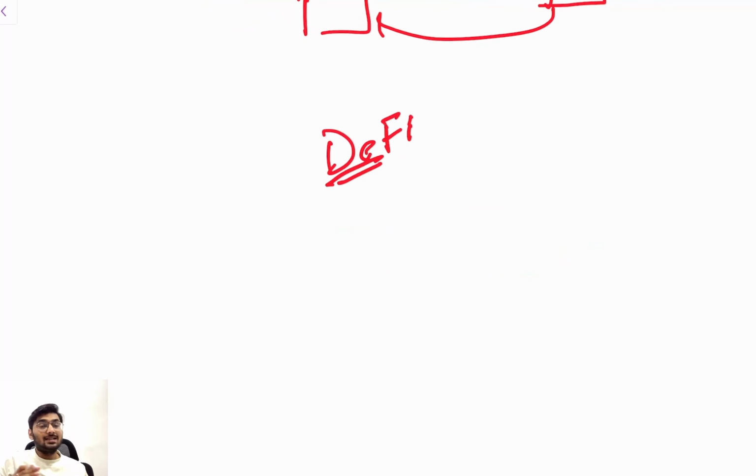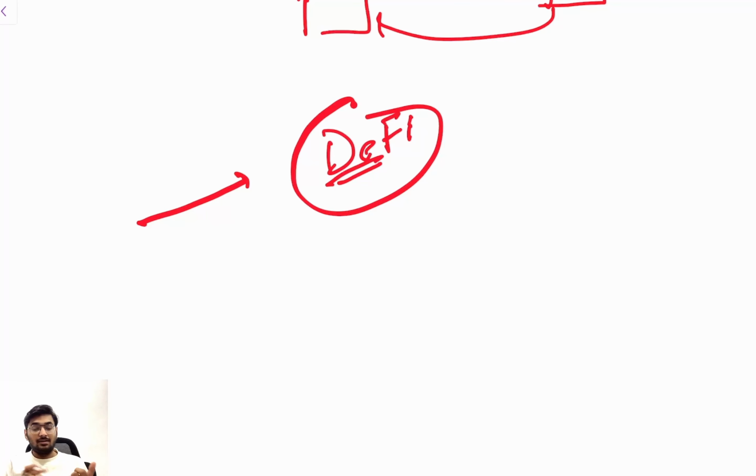DeFi stands for decentralized finance, a system that offers financial services like lending, borrowing, insurance, and trading, all without the bank, using decentralized apps called DApps. Basically a platform which gives you the right of lending, borrowing, insurance, trading, whatever you want.